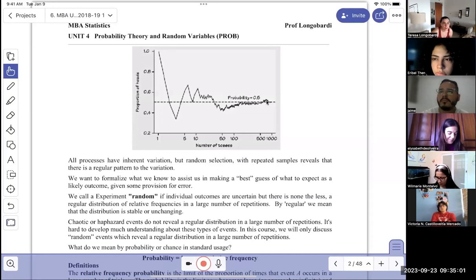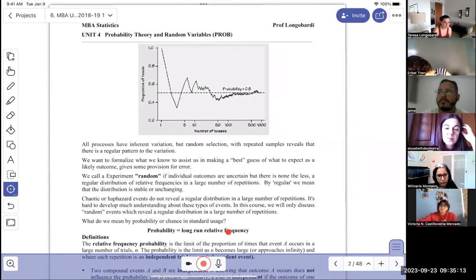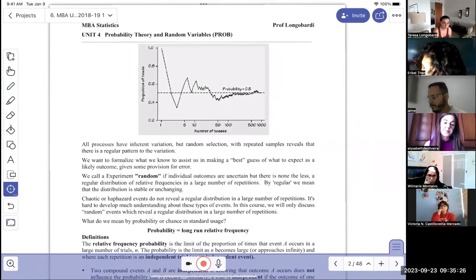That you're going to have a 50% chance. So probability is really, by definition, long run relative frequency. So if someone says, look, I flipped this coin so many times and I keep getting a head, something's wrong with the coin, or the person hasn't flipped the coin enough.